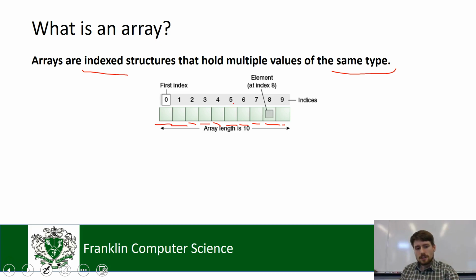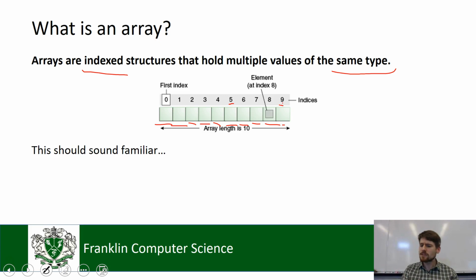This is telling you where that piece of data is. And then the thing that's inside that box is going to be an element. There are a bunch of terms we're going to get to on the next slide, but you can see them right there. We have indices, which are each of those numbers telling you where the item is, and then you have the elements that are inside each of those boxes.